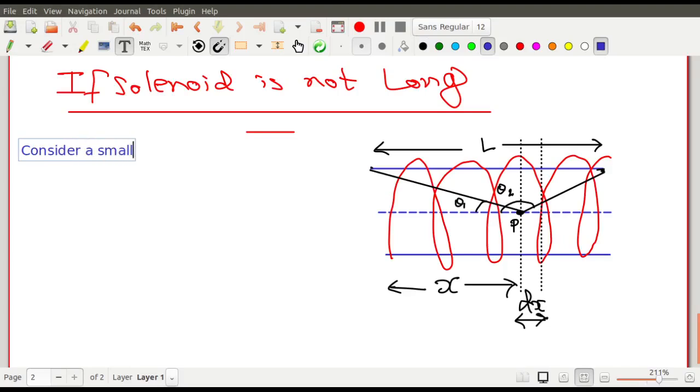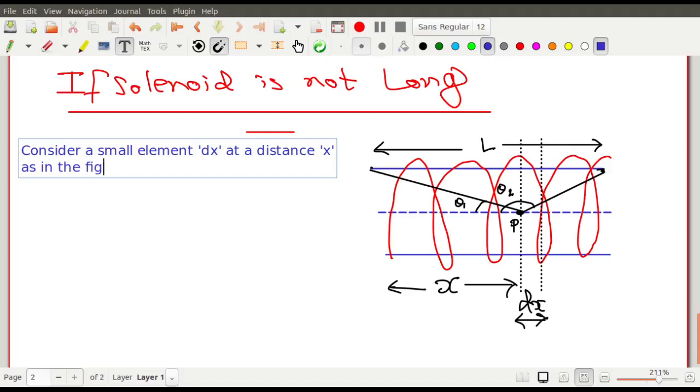Consider a small element dx at a distance x as in the figure.